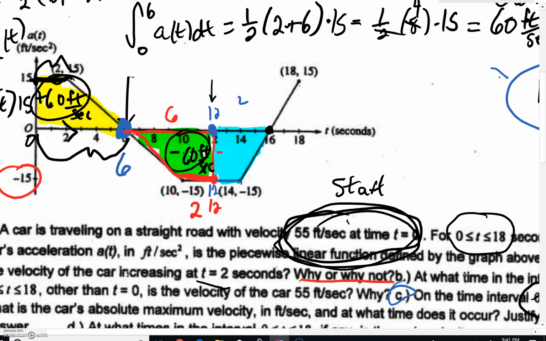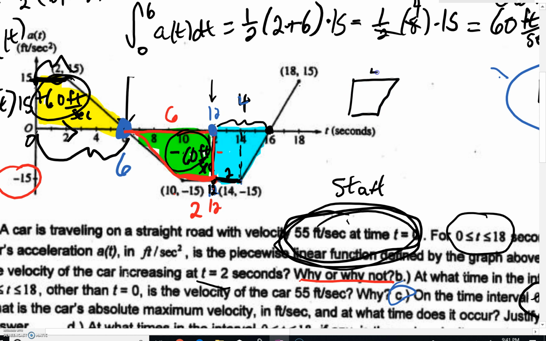Look, we've got a blue trapezoid here from 12 to 16. 16 minus 12, well, that's 4. Look at 12, if we bring that down here, from 12 to 14, that would be a 2. I'm going to draw this little trapezoid off to the side here.